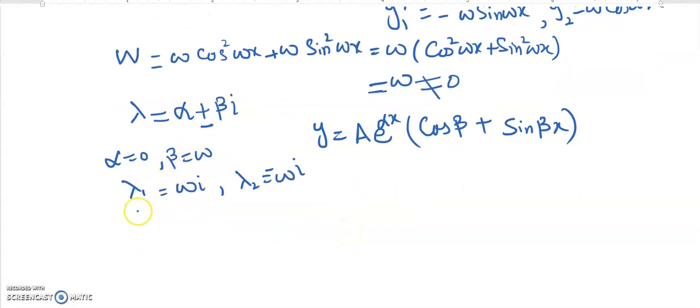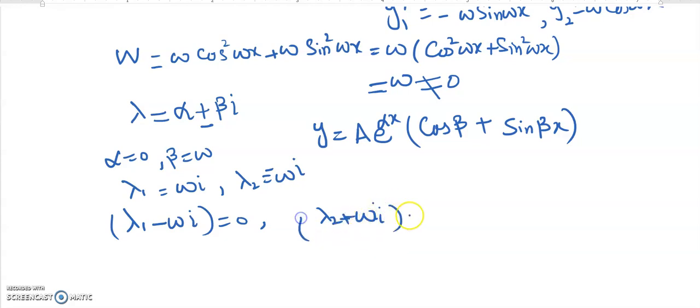So from here we can form the characteristic equation as lambda minus omega i is equal to 0 and lambda plus omega i equal to 0. We can multiply both the equations together.